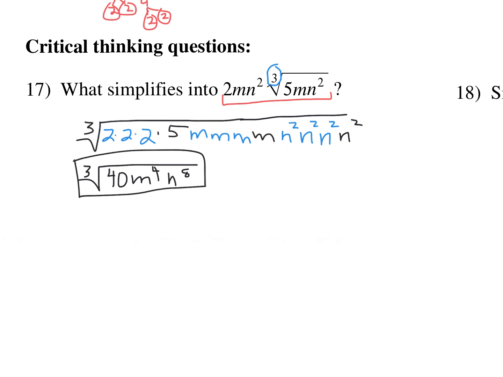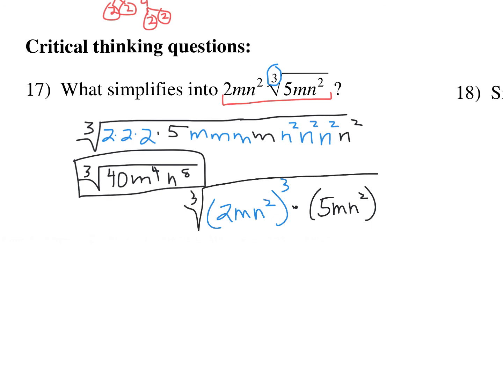Now, the shortcut to this, if you care to know, would be to take this whole thing outside and raise it to the 3rd power. So we're going to take 2mn squared, and we'll raise that to the 3rd power. And then you would multiply it by what's underneath, 5mn squared. And all of this would go underneath the cube root. So power to power means you multiply.